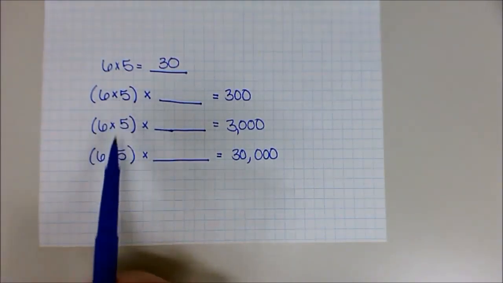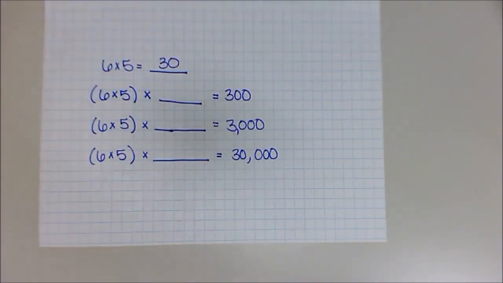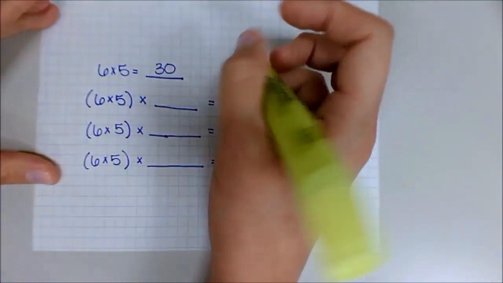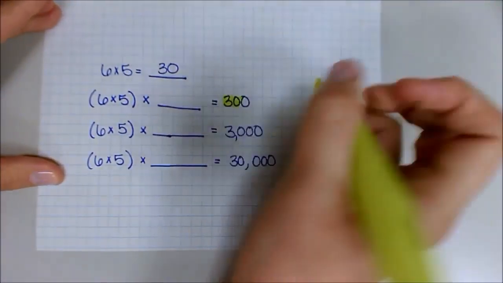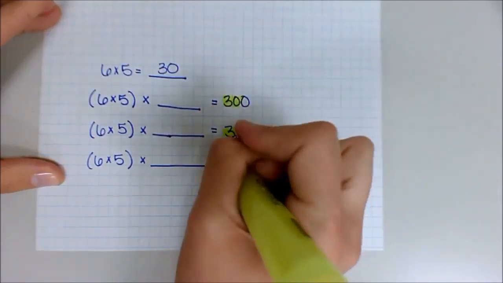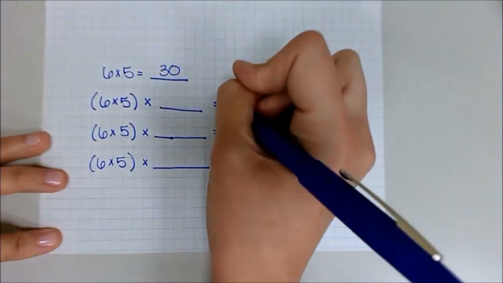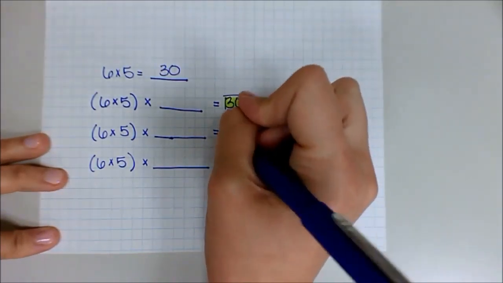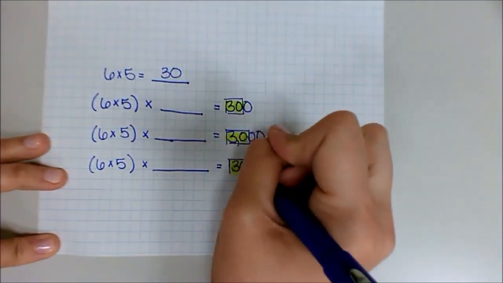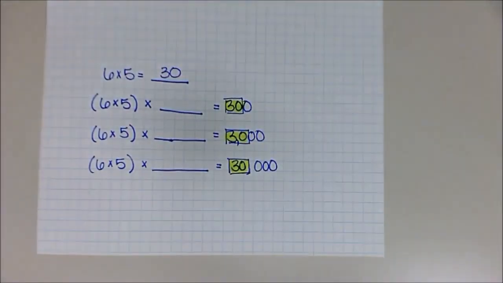So I know that 6 times 5 is 30. So I'm going to go through and highlight it. You can box off, you can circle the 30. I'm going to do that all the way down. So I know that those two numbers are together.